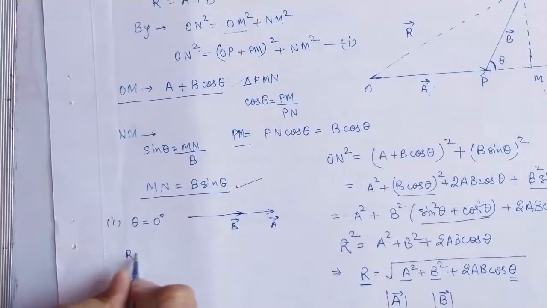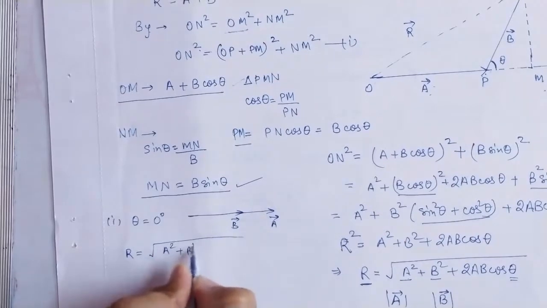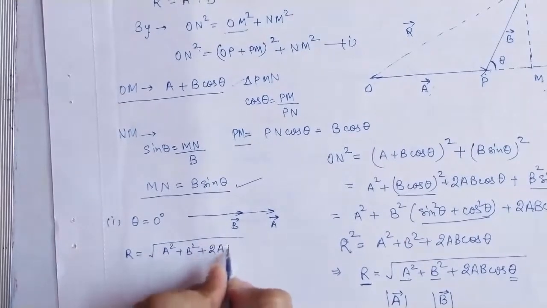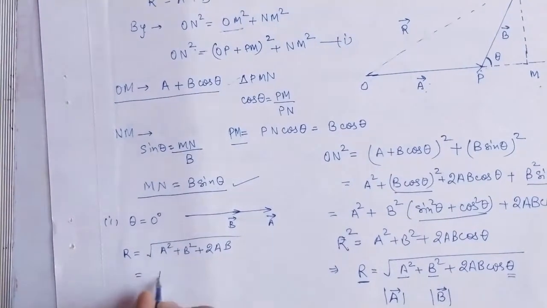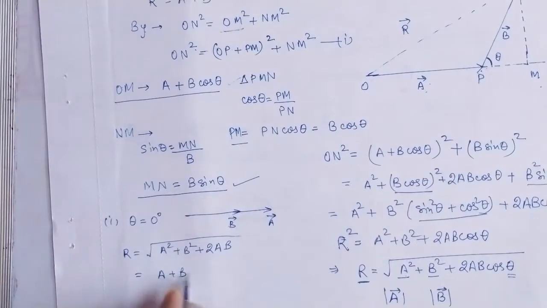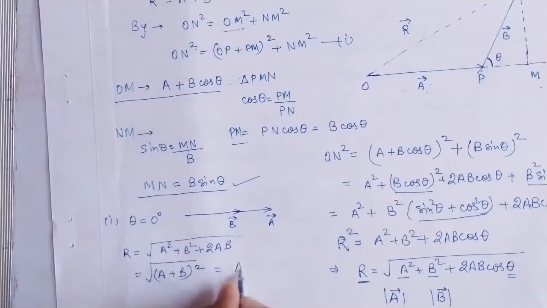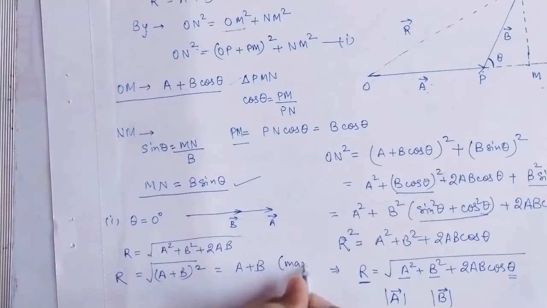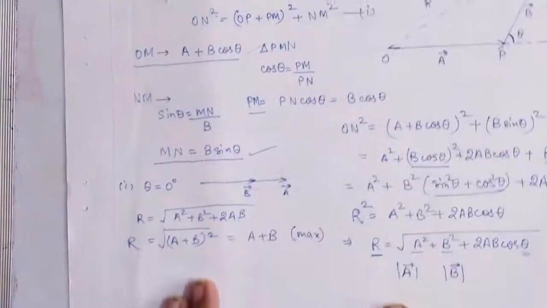We can see that R is equal to the square root of A square plus B square plus 2AB, and this cos 0 will become 1, and thus you can get the value, that is the square root of (A plus B) whole square, which is equal to A plus B. So this is the maximum value of resultant that you can get from two vectors at 0 degree to each other.